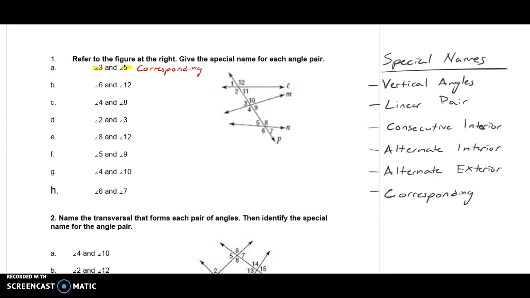The next one, 6 and 12. 6 is here, 12 is up here. This line touches 6, this line touches 12, this line touches both. So the only one not being used is this middle one.